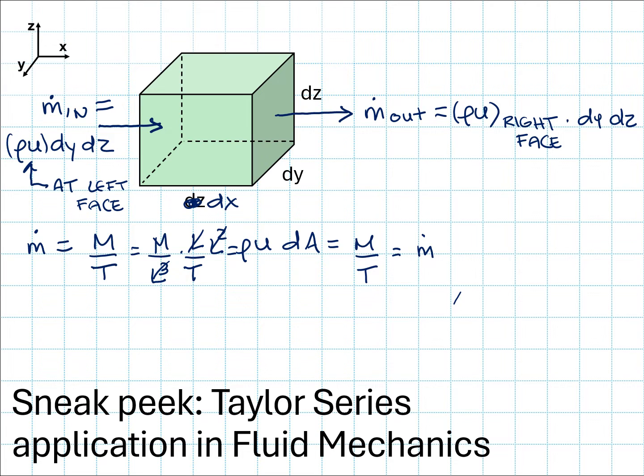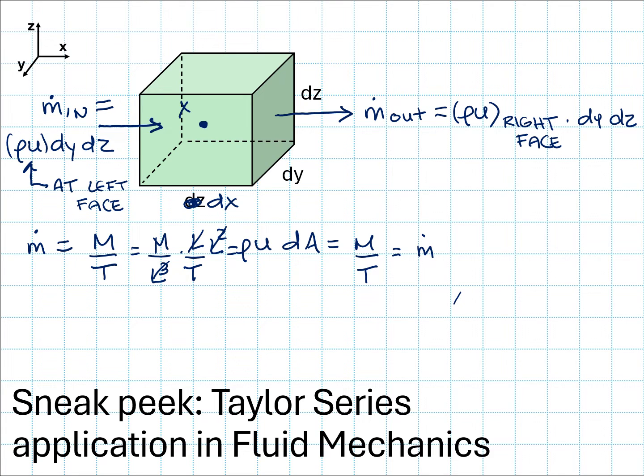So let's say that I know the value of the density of the fluid and the velocity vector at this point. I'll call it point x, right in the middle of my cube volume.